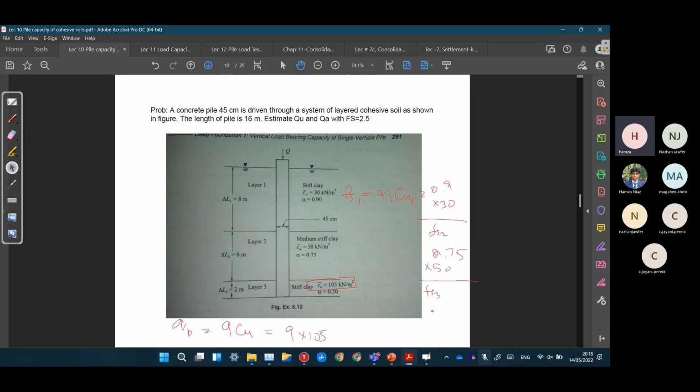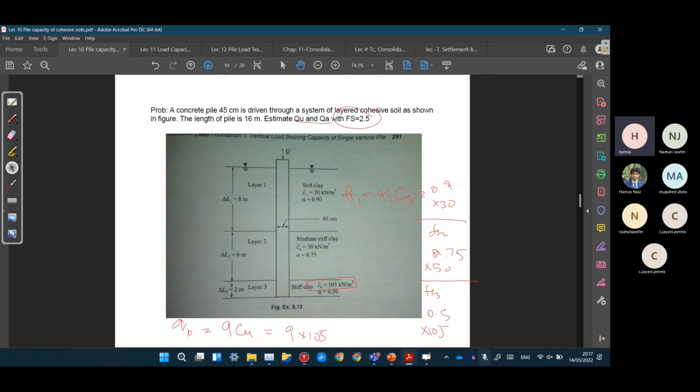Fs3 is alpha 3 Cu3, so 0.5 into 105. This whole question would take hardly 4 to 5 minutes. Simply calculate Qb and the 3 Fs, add them, multiply them with these areas and add them, and divide by the factor of safety 2.5. We'll get this Q ultimate and Q allowable.